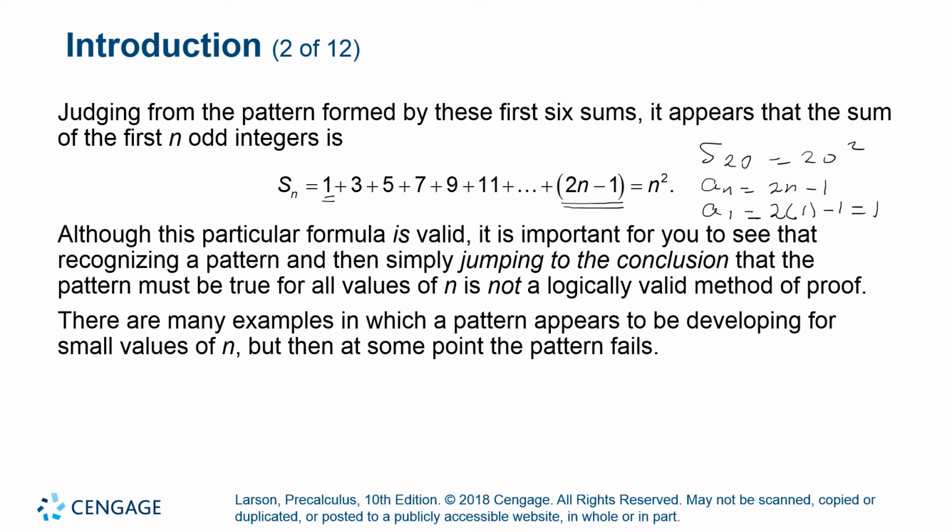When n equals 2, we can say a2 equals 2 times 2 minus 1, that's equal to 3, which is the second term of the sequence, and so on. So if I want to figure out what ak is, all I need to do is replace the n by k, and that will give me 2k minus 1.